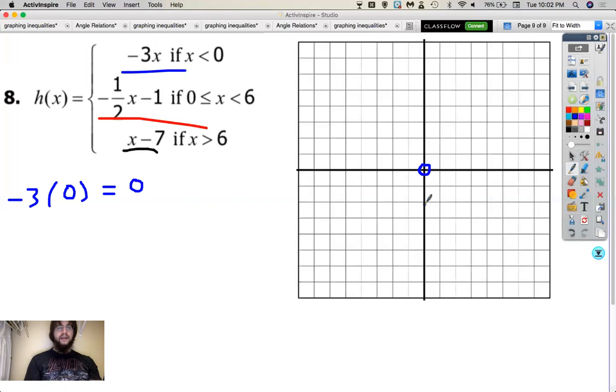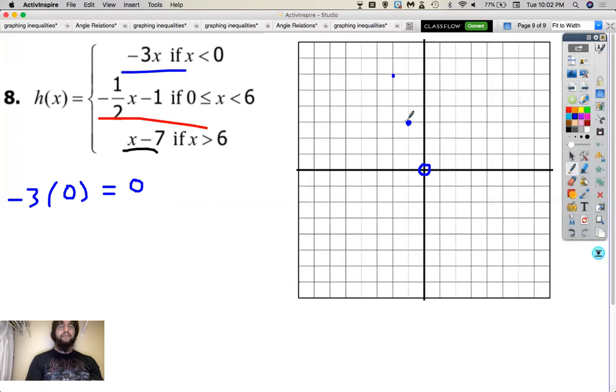To graph a line, I need 2 points, or a point and the slope. Oh, I got my slope. Well, which way do I want to go? I want to go less than 0, just to the left. So I'm going to go up 3 and left 1. That's going to be solid. Everything past this is solid.